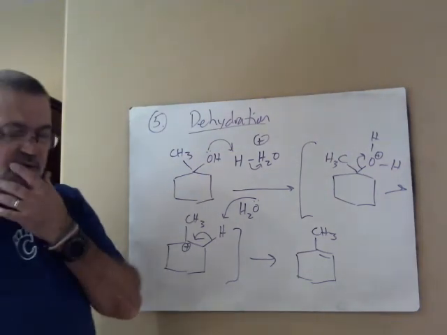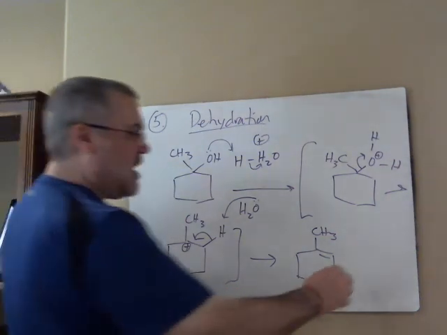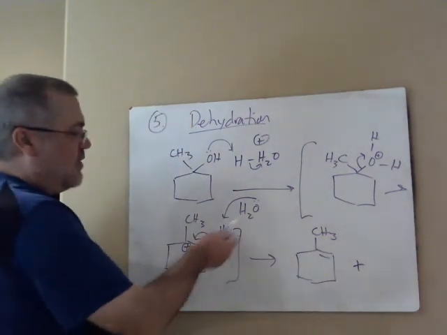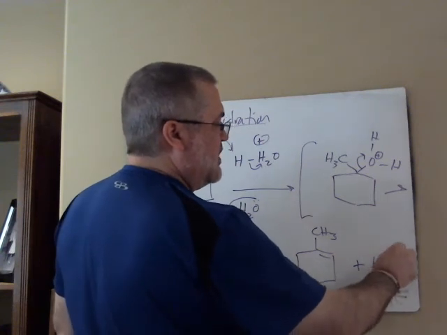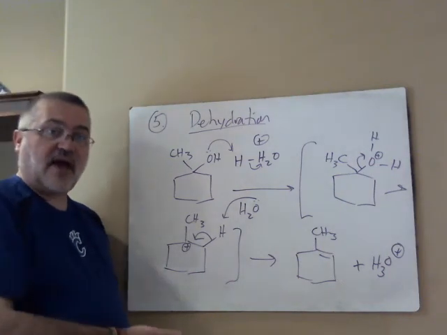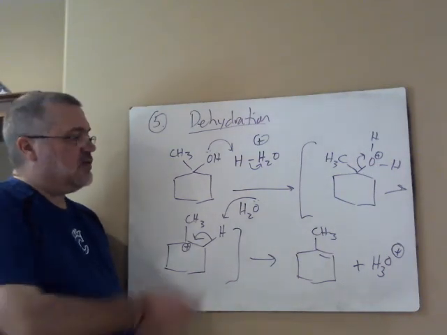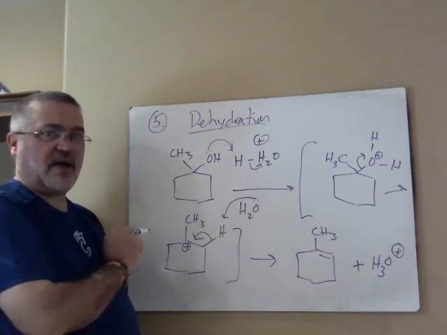Okay, and by the way, I almost forgot. If water's taking the proton off, I'm forming H3O plus. So that's demonstrating that the reaction is acid catalyzed. Okay, so this works for tertiary alcohols only because it goes through an E1 mechanism.